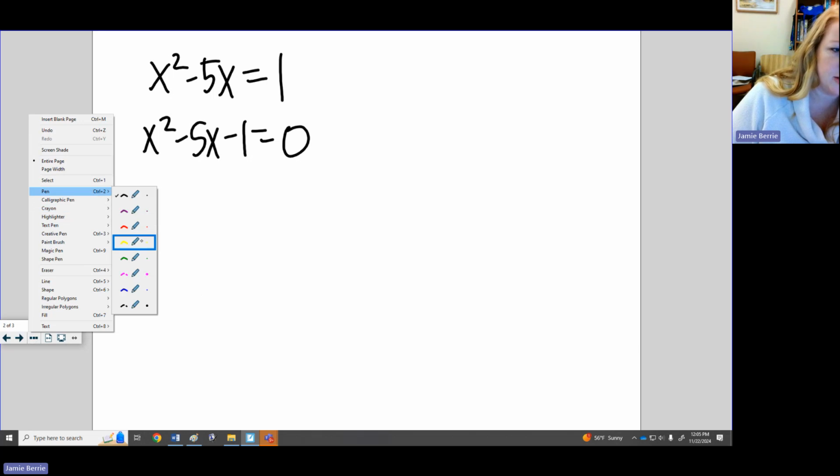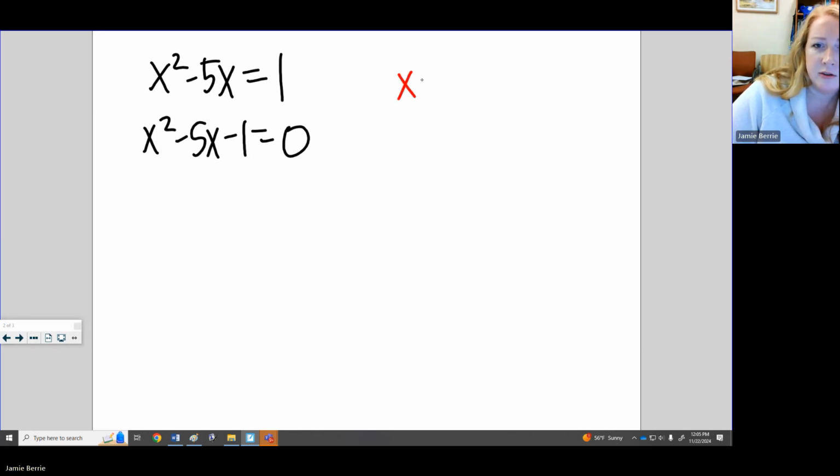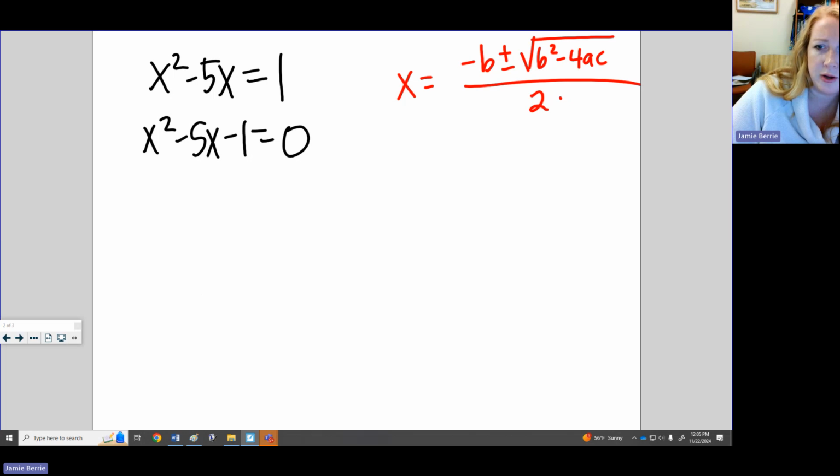Let me put that over here. x is equal to negative b plus or minus the square root of b squared minus 4ac all over 2a. In this equation, a is 1, b is negative 5, and c is negative 1.